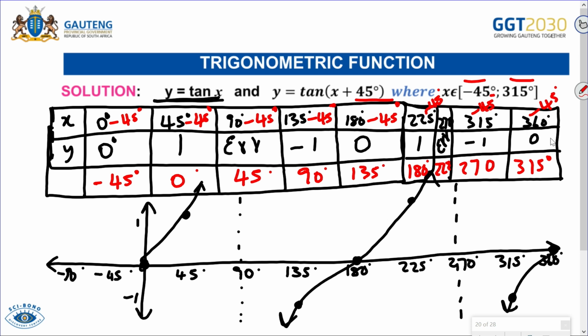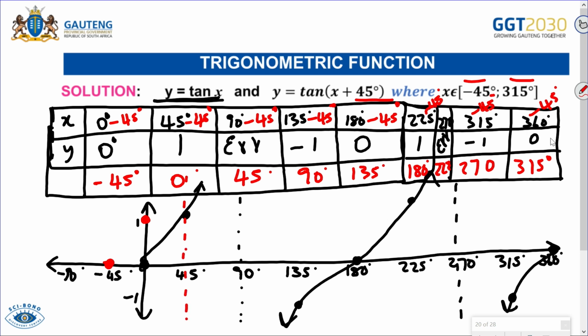The first coordinate is going to be when x is negative 45, y is going to be 0. It's going to be here. And then when x is 0, y is going to be positive, somewhere there. And then when x is 45, you'll have undefined. So you are going to have your asymptote at 45.